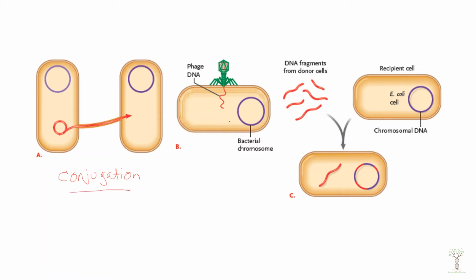Sometimes bacteria can acquire new DNA from viruses. This is a bacteriophage virus that can infect bacterial cells, and this process is called transduction. And the last way is there can be DNA fragments just surrounding the outside of the cell.